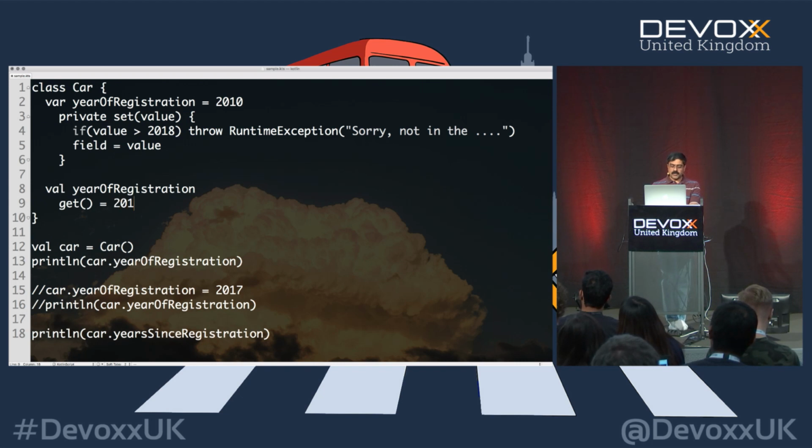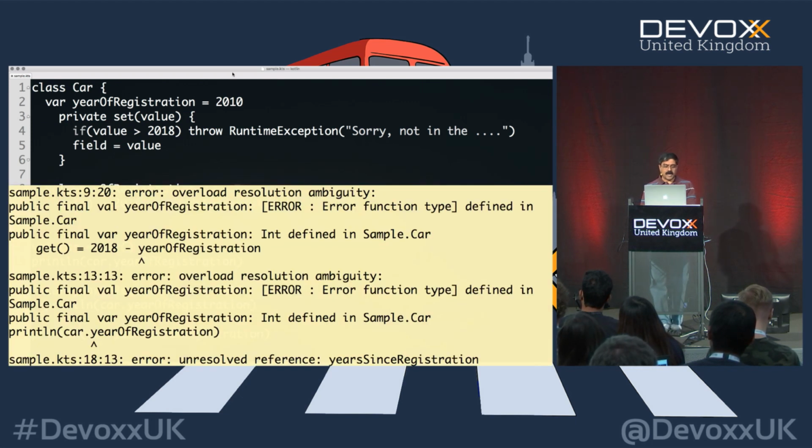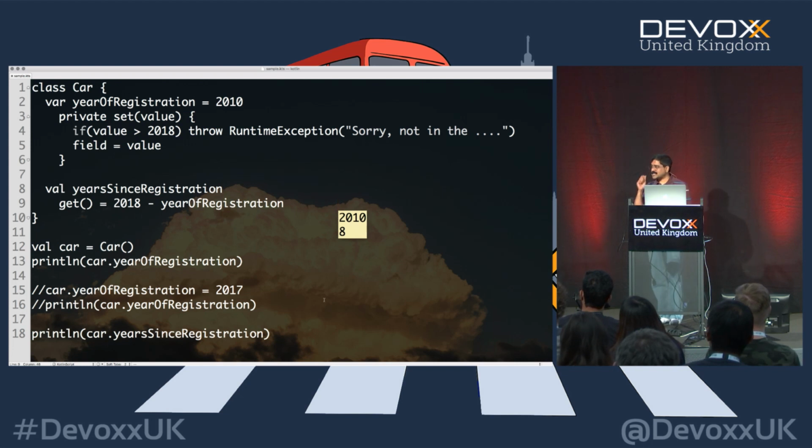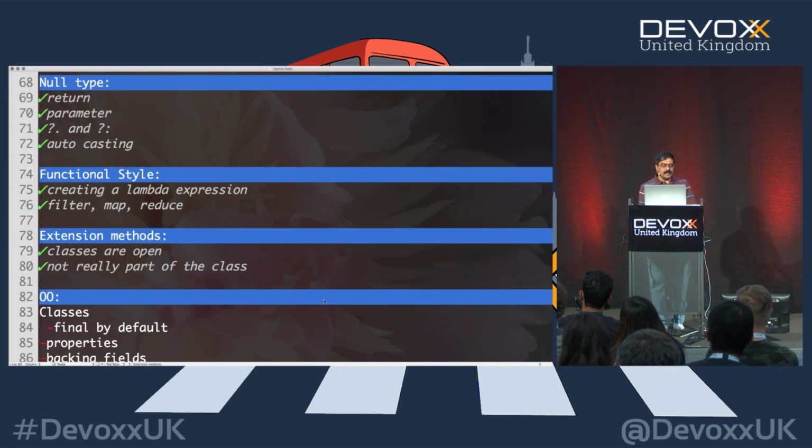And this is going to simply say 2018 minus year of registration, and that tells you how many years have gone by since the time of registration. This is years since registration, as you would expect. And so as a result, when I run this code, you can see that it tells us there are 8 years since registration. So that's a way for you to create a getter property without a setter as well. So that becomes really nice to create.